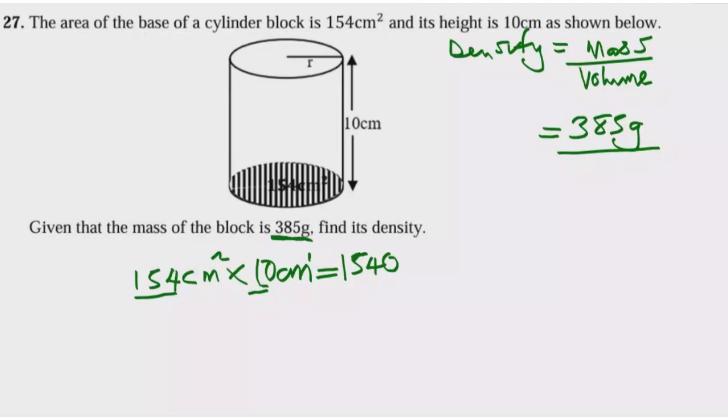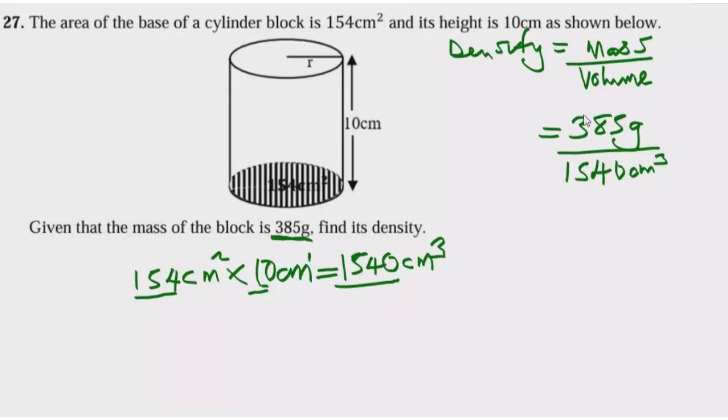So we write centimeter, maintain the same base, then add the powers, which will give us 3. I'm explaining this for those who don't know the unit for volume, but if you know the unit for volume, all you need to do is find the number and write the unit for volume. So we say 1540 centimeter cubic.